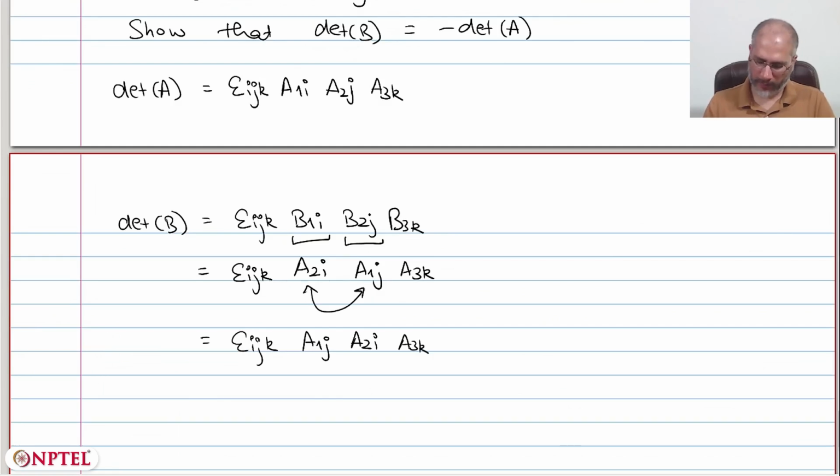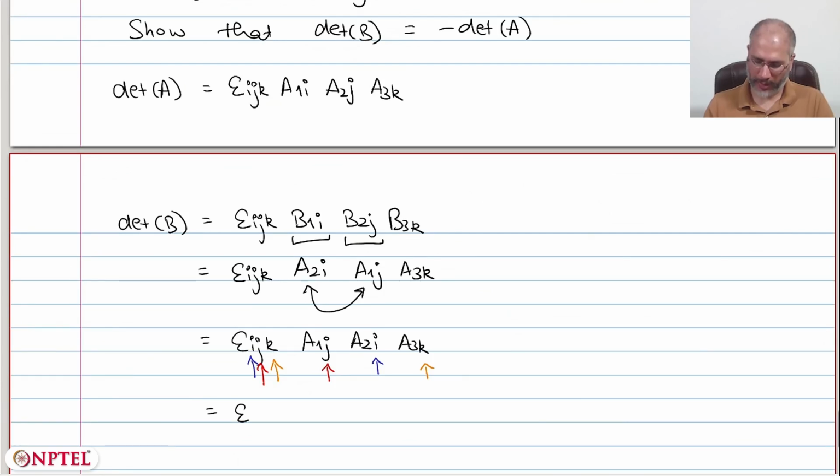the next step is to do some replacement of indices. So we see that the first index of epsilon is the second index of the second A. Similarly, the second index of epsilon is the second index of the first A, and the third index of epsilon is the second index of the third A. So as long as I maintain this order, I can have any indices I want.